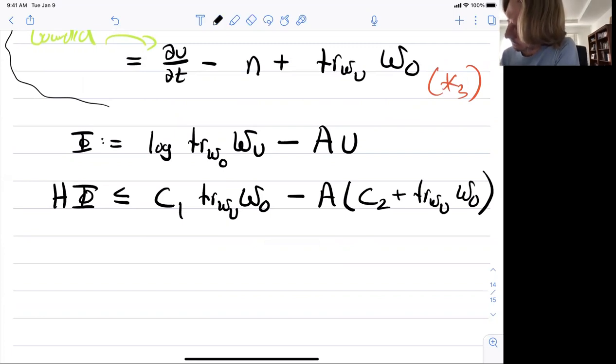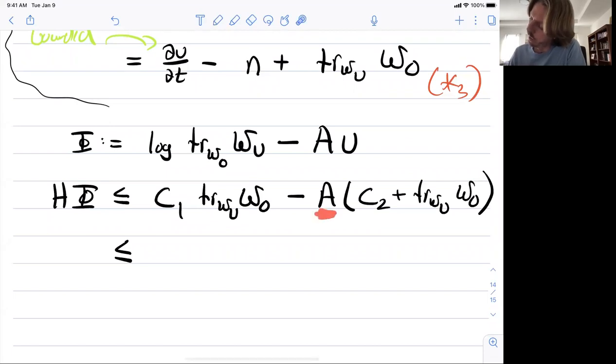And then what we get is, this is bounded above. I have these indeterminate constants flying around the proof, but you just pick a large enough so that this term will swamp this one.